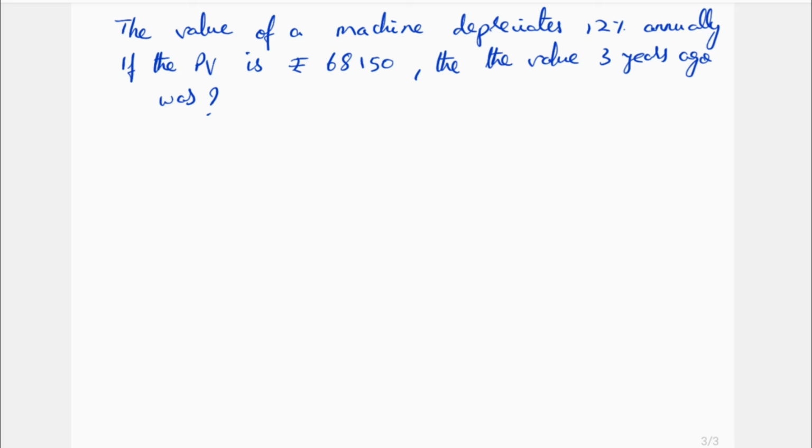Okay, this is what we have been asked. Machine is depreciating at 12% year on year. If the present value happens to be 68,150, then the value 3 years ago was what?